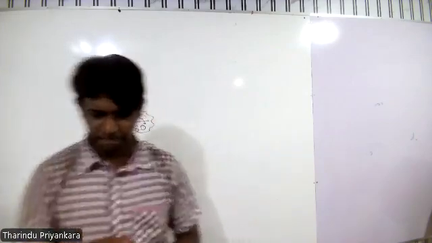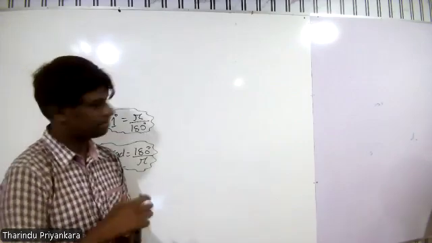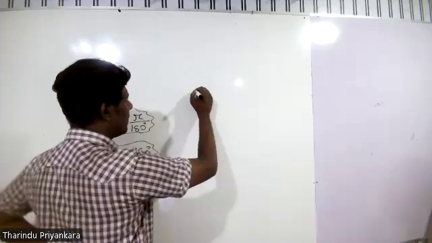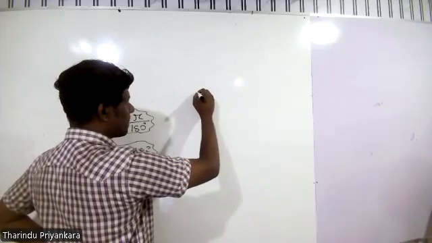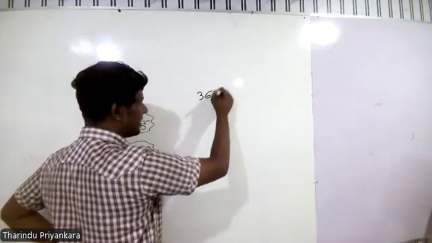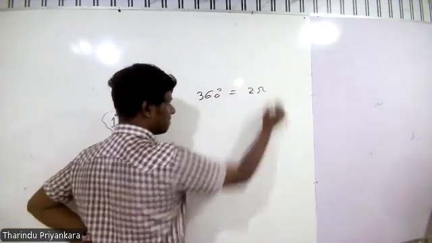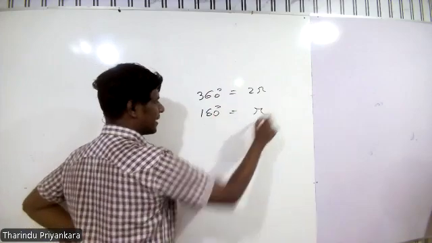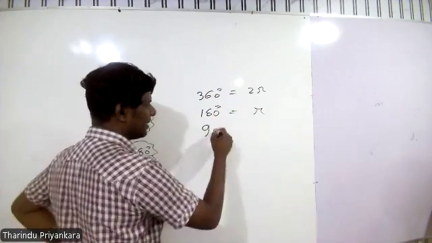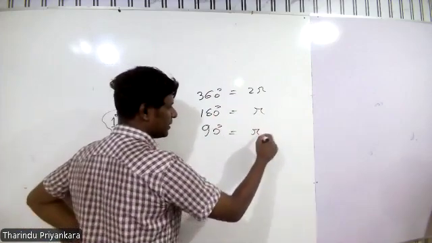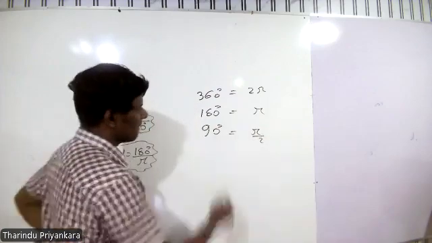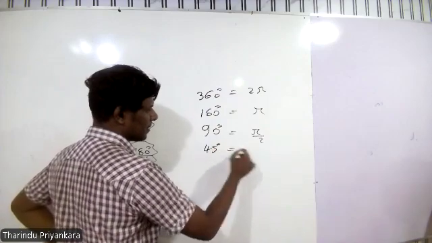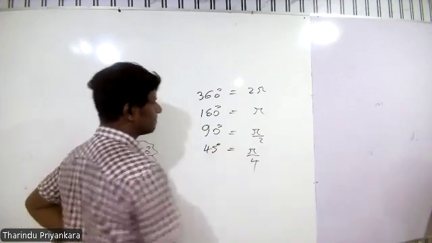Sorry. Have a good look here. Now, let me show you. For 360 degree, it is 2 pi. For 180 degree, it is pi. For 90 degree, it is pi over 2. So 45 degree, it is pi over 4.